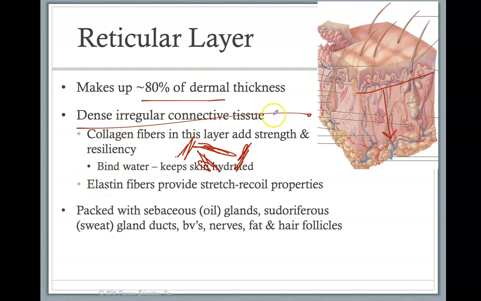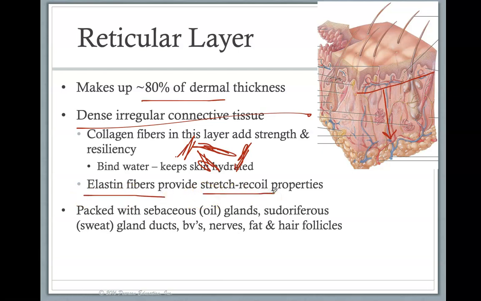So that's why that dense irregular connective tissue is important in that layer. And then also those fibers bind water, which really helps to keep our skin hydrated. And then we also, of course, have elastin fibers as well to help provide a little stretch recoil.